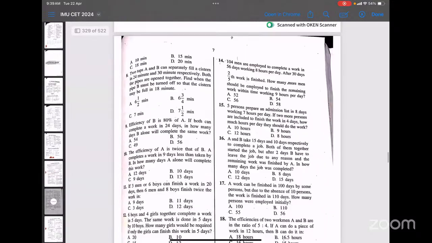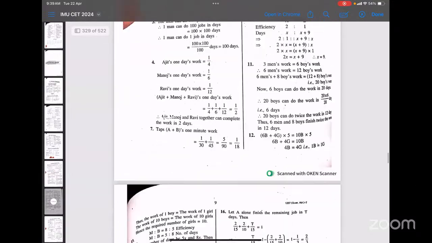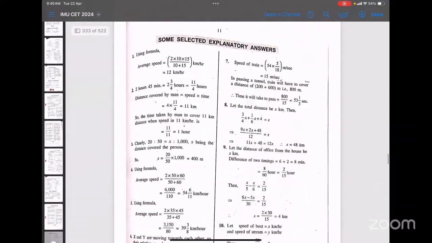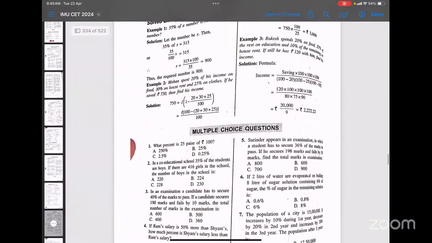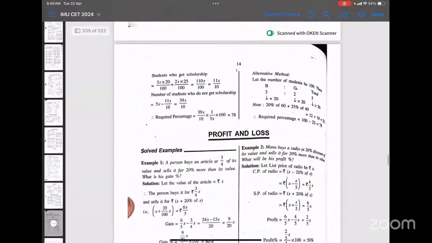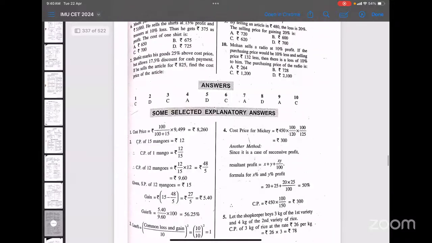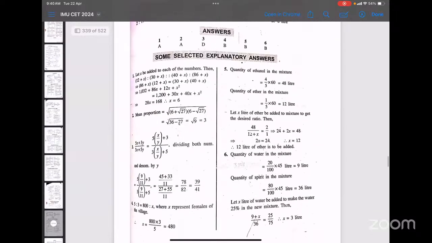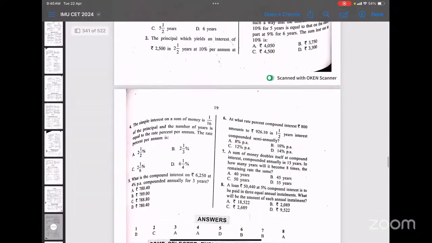Time and work, speed, time, distance, percentage, profit and loss, profit, interest.